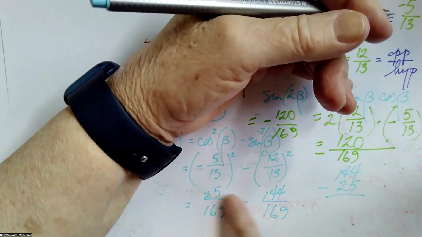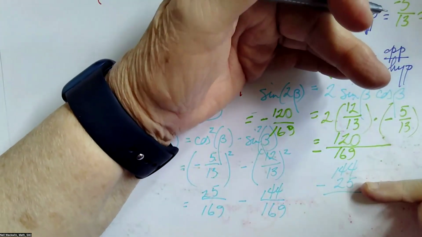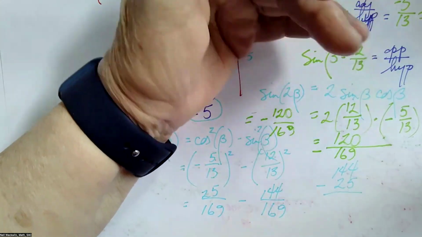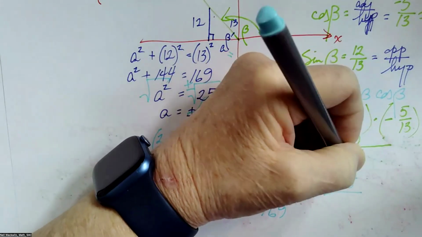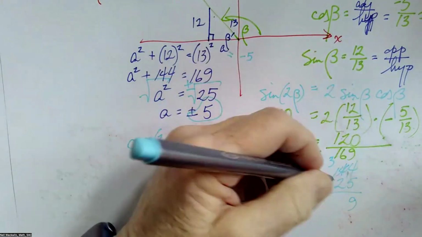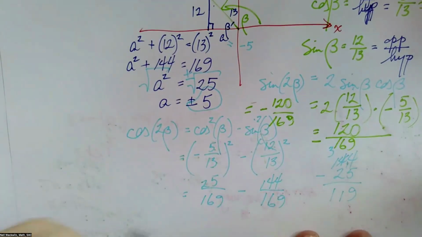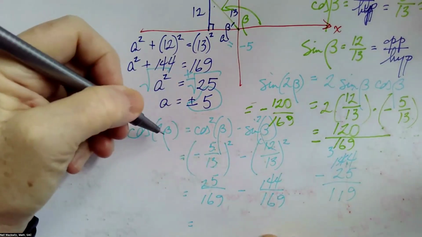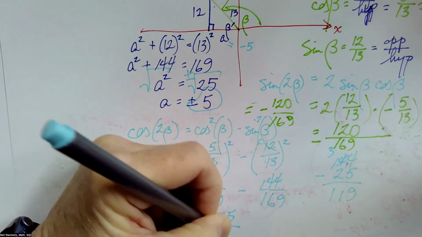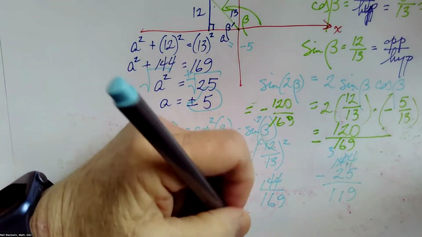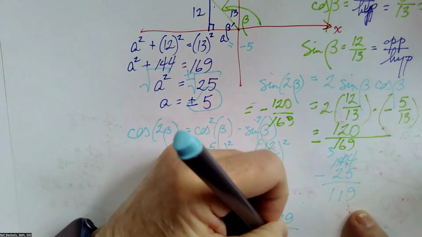So when you're subtracting numbers that have different signs, you always put the larger one first, subtract the smaller one. The answer has the sign of the larger. Oh, good, we get to borrow. So 14 minus 5 is 9. 3 minus 2 is 1. We bring down the 1. So we know that the cosine of 2 beta is negative 119 over 169.